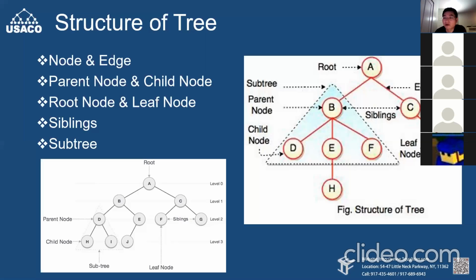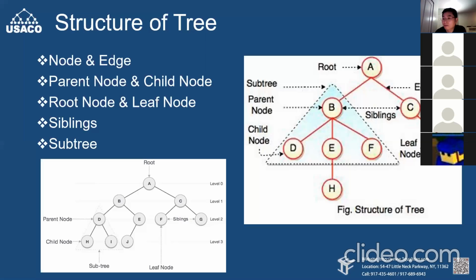Okay, Louis, do you get my question? How many leaf nodes do we have in this tree? Can you hear me? Four. What are they? D, E, F, and G.